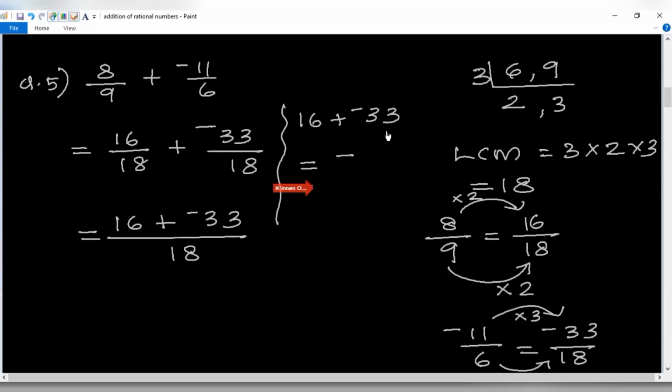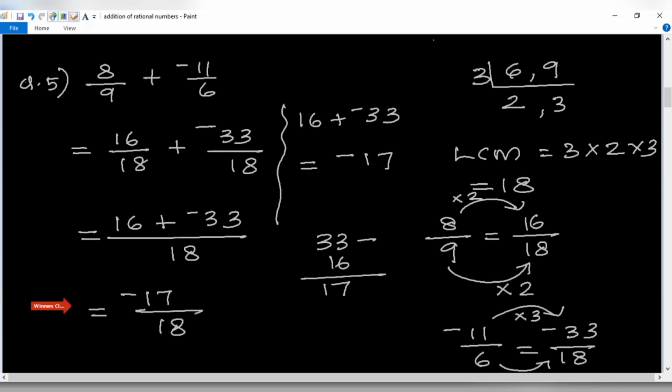Then we have to subtract 33 minus 16. So it is negative 17 over here. So the numerator is what we have got here, negative 17. So the final answer is negative 17 by 18.